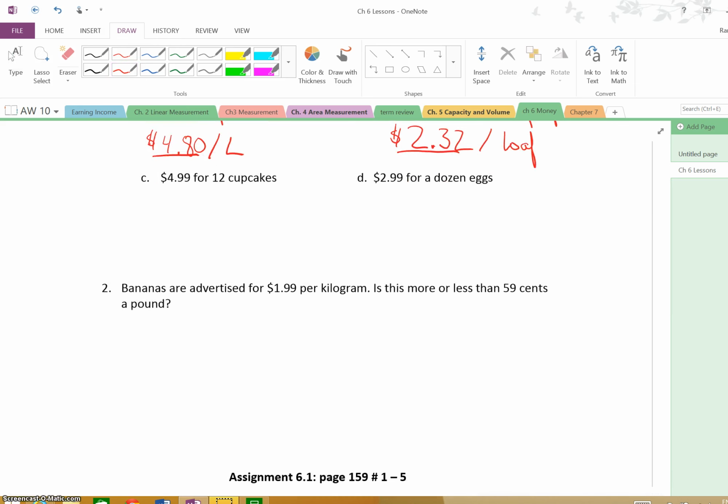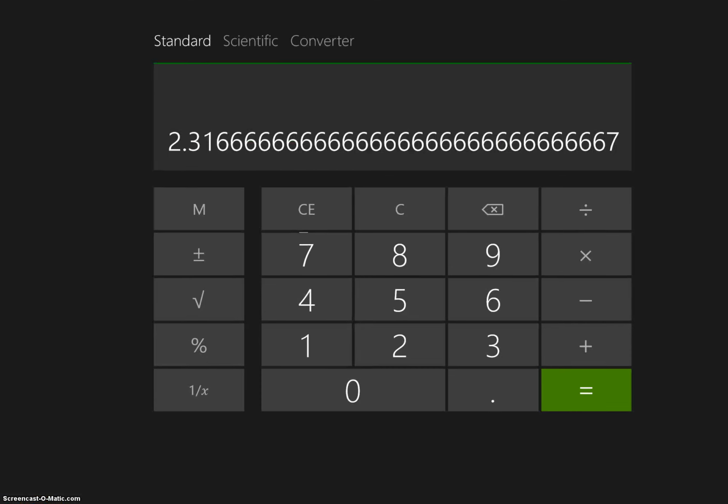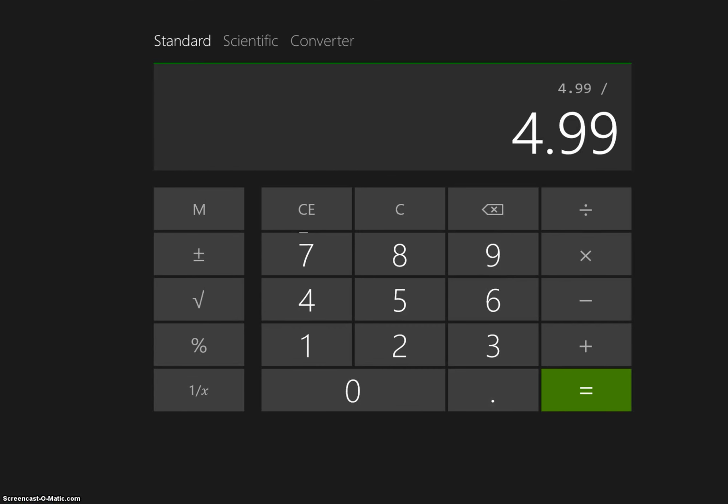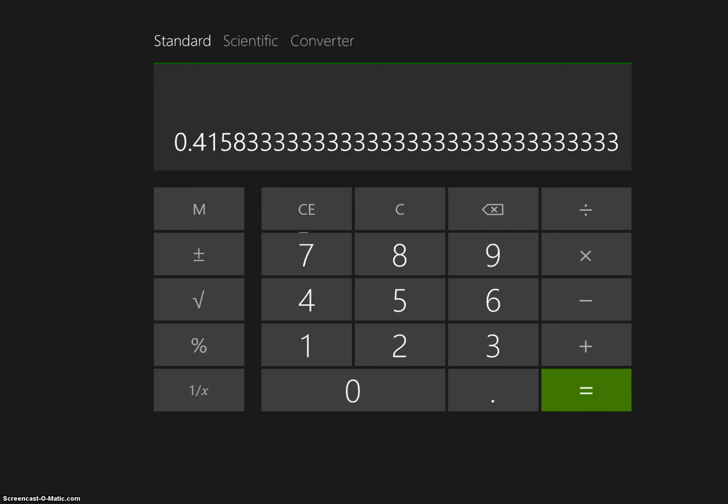So I want to know what the cost is per cupcake. This time I'm going to divide each by 12 to find out what the cost is per cupcake. So $4.99 divided by 12, rounded to the nearest cent, is going to be 42 cents.